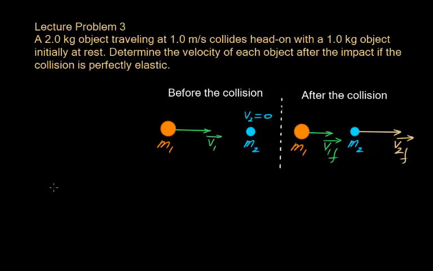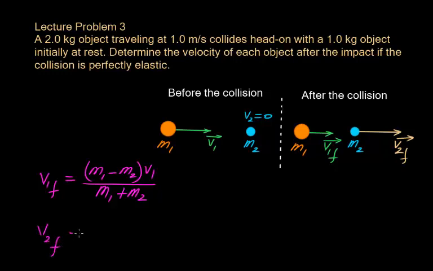The velocity v1 final was found to equal m1 minus m2 times the velocity v1 divided by the sum of the two masses, m1 plus m2. And the velocity v2 final was found to equal 2 times m1 v1 divided by the sum of the two masses.